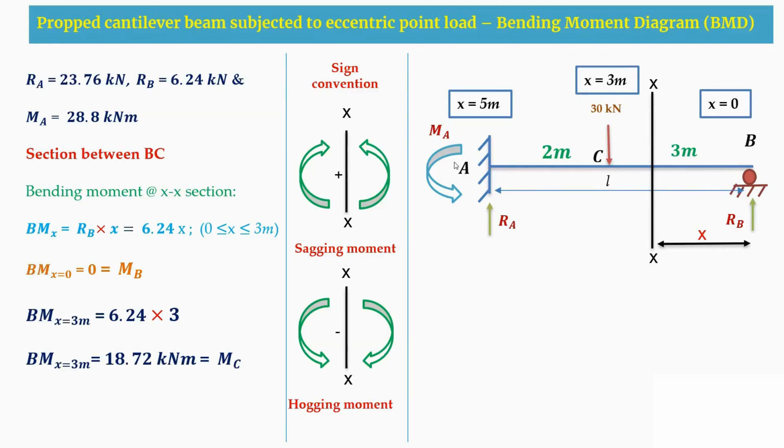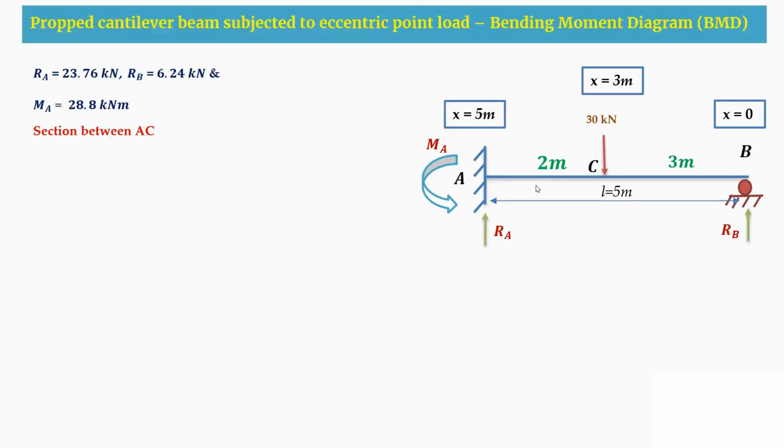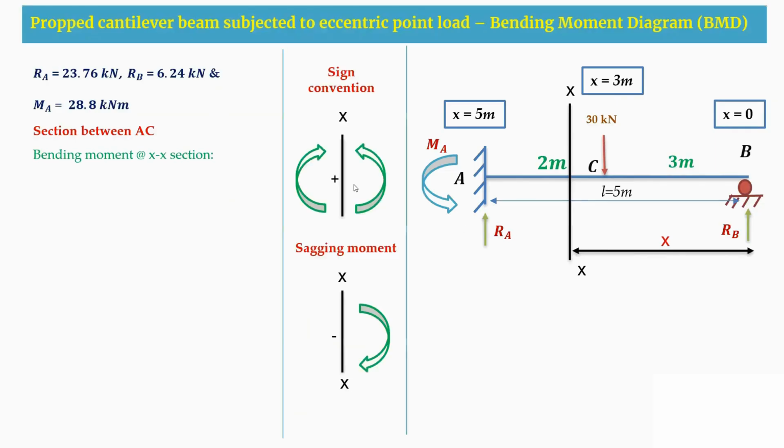Now coming to the next phase, the section is in the AC segment, X distance from the B support. Same sign convention we are going to follow. Then when I write a moment equation here, it is RB into X, which is in the plus direction.